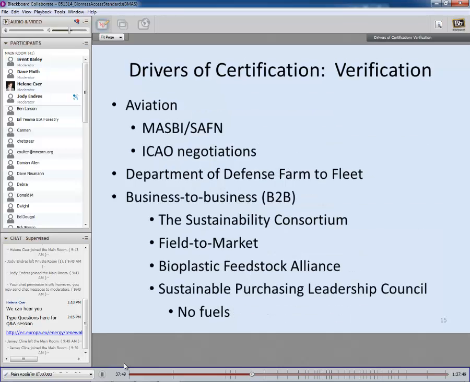Some of the other drivers outside of the European Union Renewable Energy Directive are aviation fuels, because of the European emissions trading system. I don't know if any of you saw this in the news, but there was a debate last year about whether American carriers would have to comply with the caps of the emissions trading system, or cap and trade, the Kyoto Protocol implementation in Europe for greenhouse gas reductions.